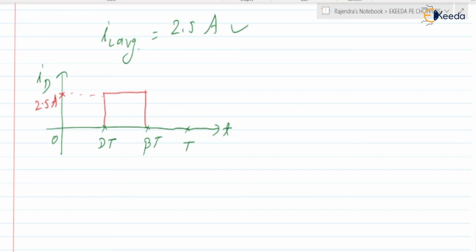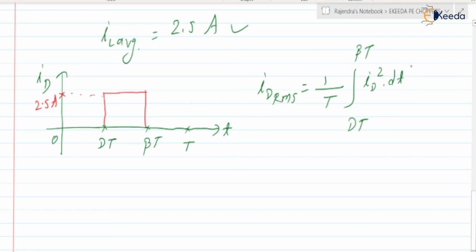Now from this, can we find ID RMS? So we can write it as the RMS value of ID. So ID RMS is equal to 1 by T, integration from dt to beta t, of ID square dt, to the power 1 by 2.